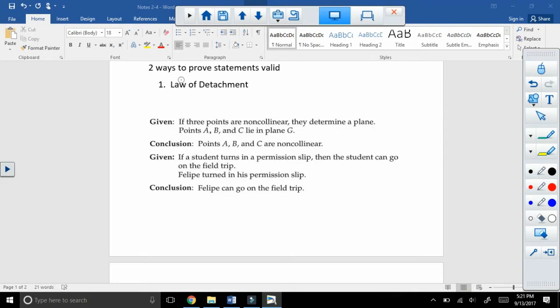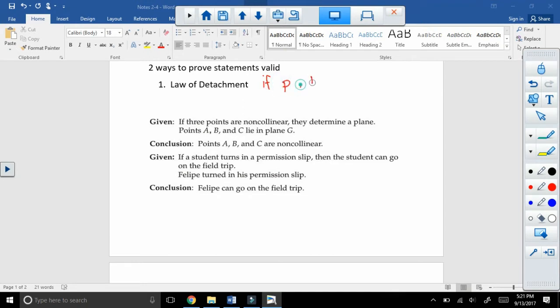So there are two ways to prove that statements are valid. We've talked before about there being a lot of ways to prove something is false or invalid. There's two ways we're going to talk about today to prove things are valid. And the first way is called the law of detachment. And I'm going to write this out in symbols, and then I'll explain with some examples what this means. So the law of detachment, we have some sort of conditional statement.